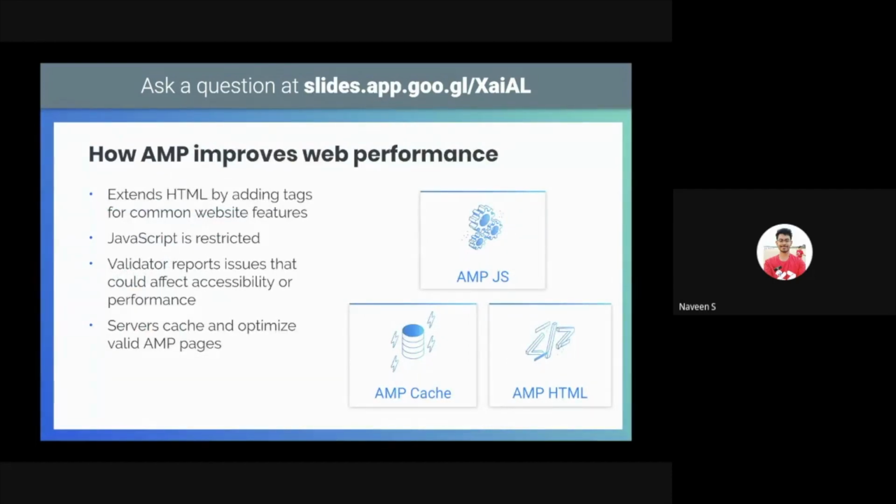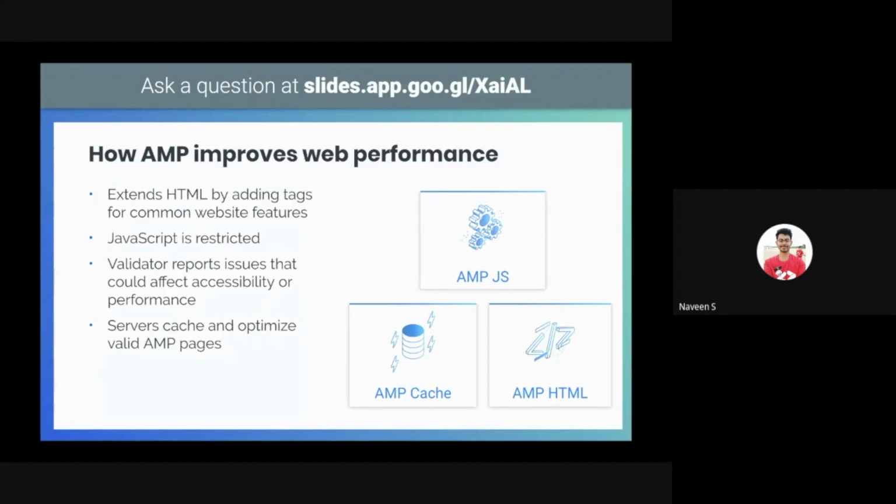So you have AMP HTML. This is an extension of the available HTML that we have to make websites with the markup. And you have AMP JS, with certain JavaScript content, and there are a lot of JavaScript elements which will be restricted, and there are certain rules which you need to follow in order to have JavaScript on your AMP page.